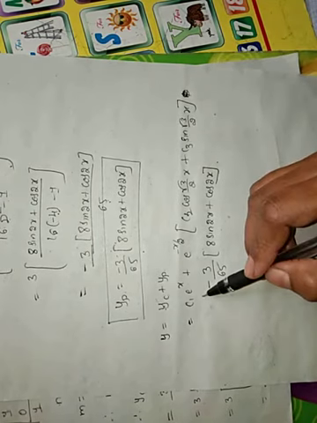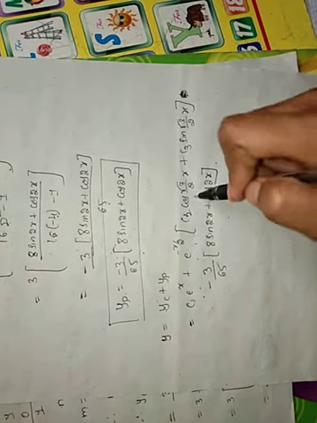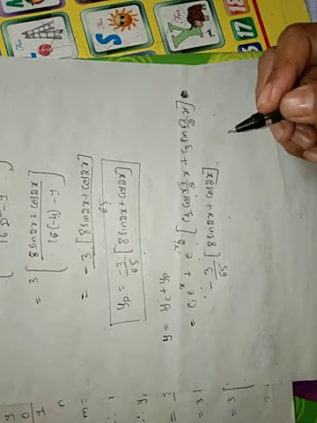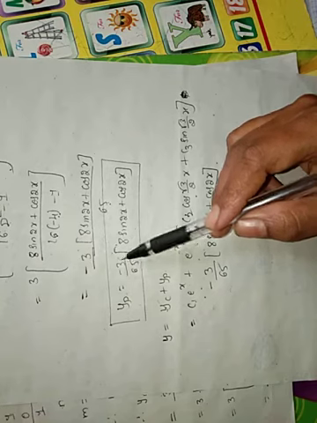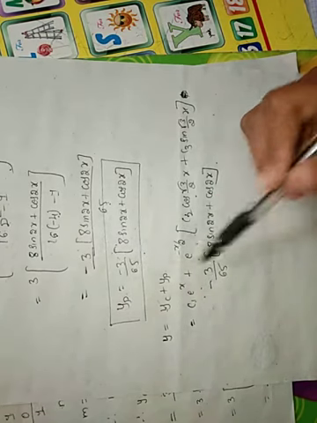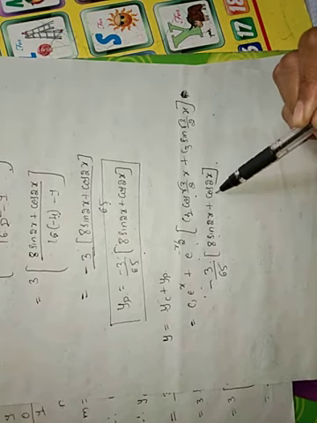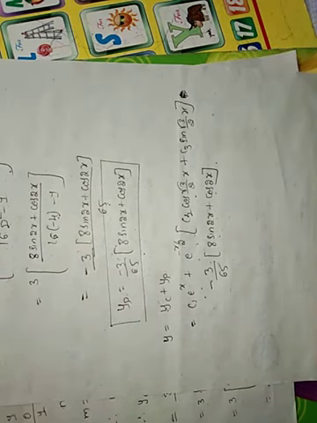So we get c1 e raised to x plus e raised to minus x by 2 into bracket c2 cos of root 3 by 2 x plus c3 sin of root 3 by 2 x. Here it is a minus sign, so minus of plus becomes minus, so minus 3 divided by 65 into bracket 8 sin 2x plus cos 2x. So that is our complete solution of the given equation.